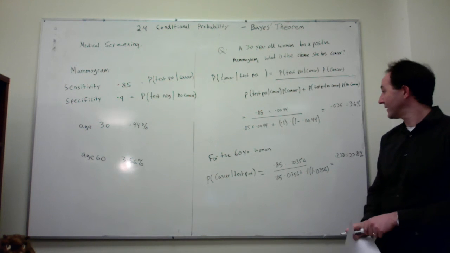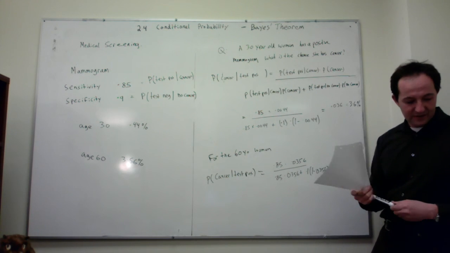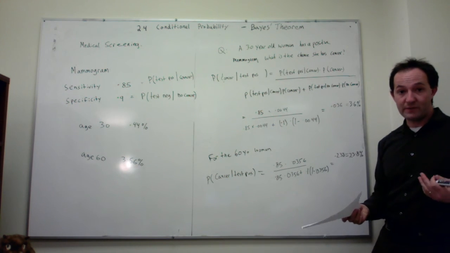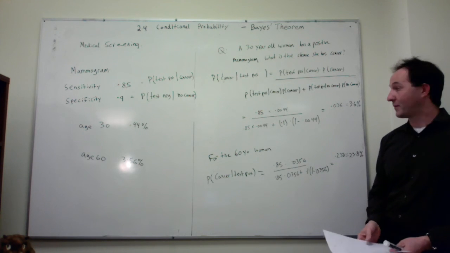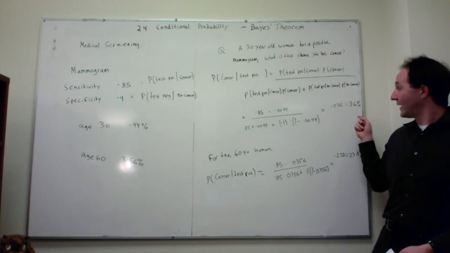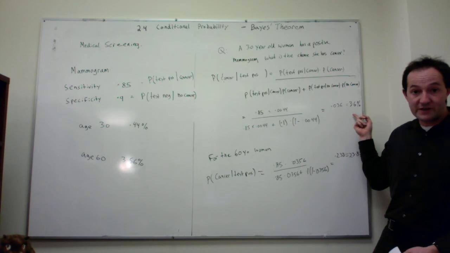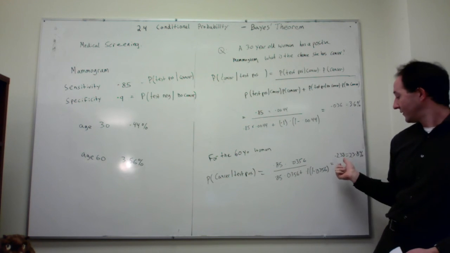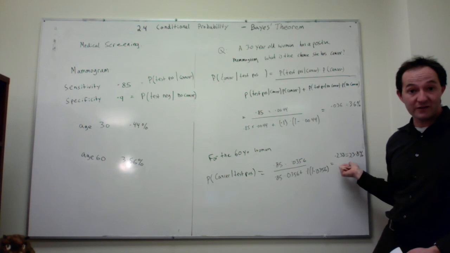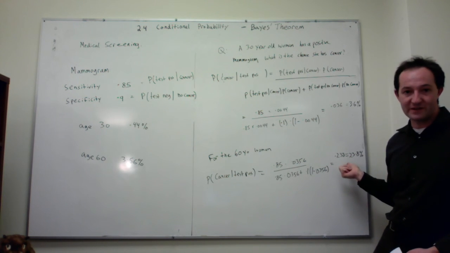So the point here is that the only difference between these two women is the general risk of that population. In one case, you'd say that after a positive test result, she has a 3.6% chance of having the disease. In this other case, after the same test result, you'd conclude she has a 23.8% chance of having the disease.